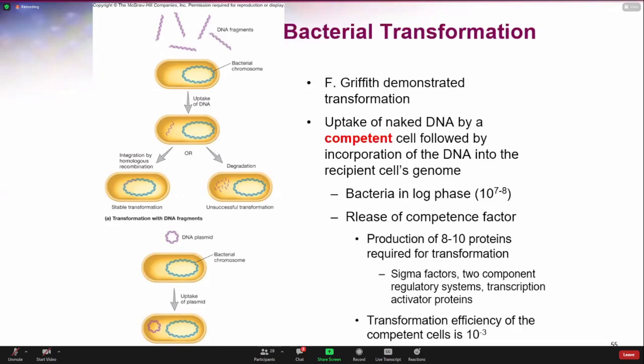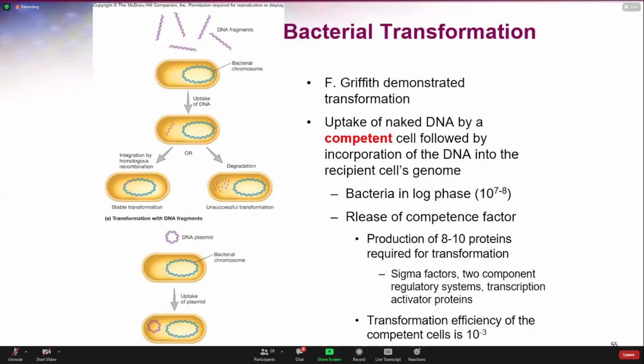But bacteria are able to pick up exogenous pieces of DNA from the environment, bring them in, and either degrade it because they recognize it to be too foreign, or they recognize it to be similar to their own, and they recombine it with their own genome, as we just saw with the F factor, and then they will continue to retain it, continue to copy it and pass it on to the daughter cells. Or you can even have exogenous pieces like DNA plasmids be picked up and those are maintained as well.